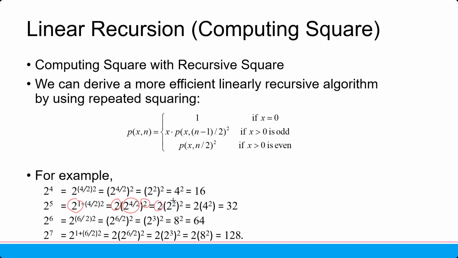So 2 multiplied by 2 to the power of 2, then the result will be 2 multiplied by 4 squared, and it is 32. This example explains the formula or equation. You can check 2 to the power of 6 and 2 to the power of 7. The idea is the same.